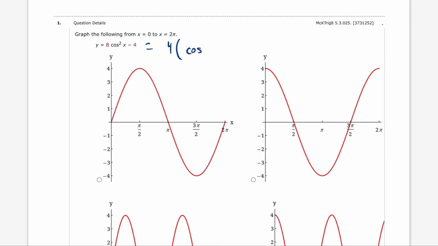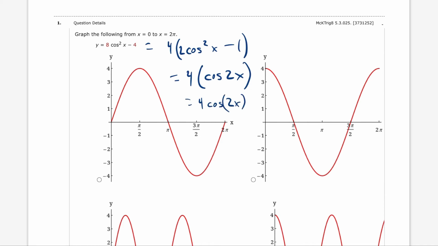And if you factor out a 4, you get 2 cosine squared x minus 1. And that is a double angle formula, so that's 4 times this part in parentheses, which is your cosine double angle formula, cosine of 2x. All right, so that's just going to be 4 cosine of 2x.